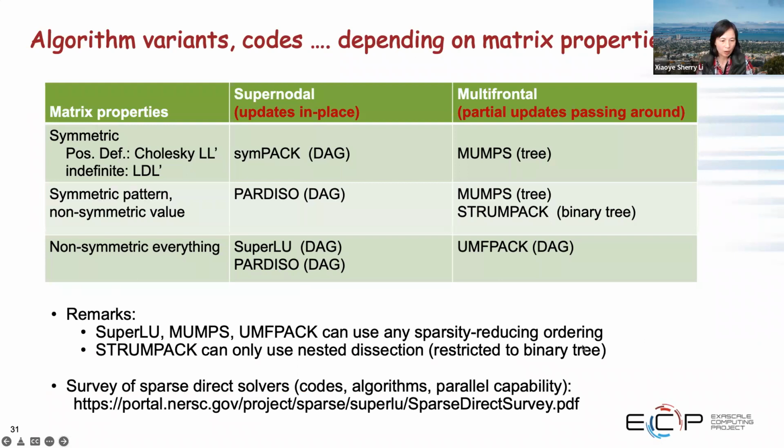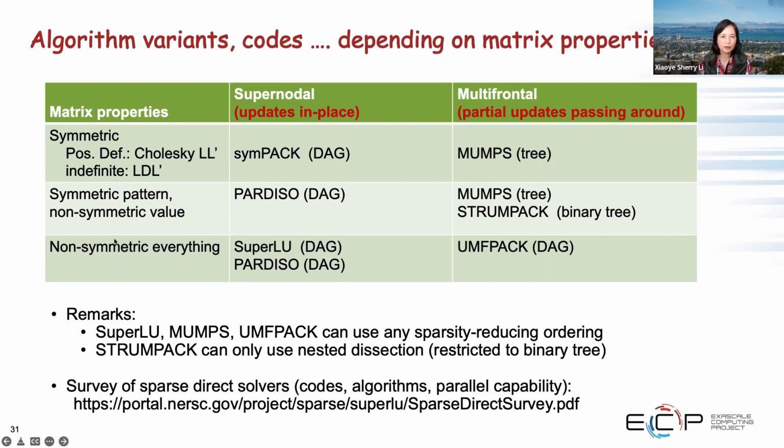And then I will talk briefly, I think I'm running out of time at this stage, about the different types of algorithms. So you have probably heard about the supernodal algorithm and the multifrontal algorithm. Also on the vertical axis here, we have different matrix properties.